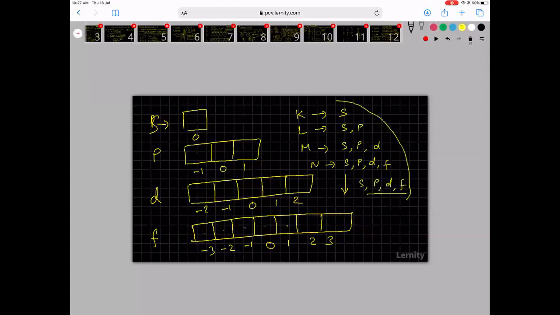Now in each orbital there can be 2 electrons with opposite spins. So there can be totally 2 here, 6 here, 10 here, 14 here.